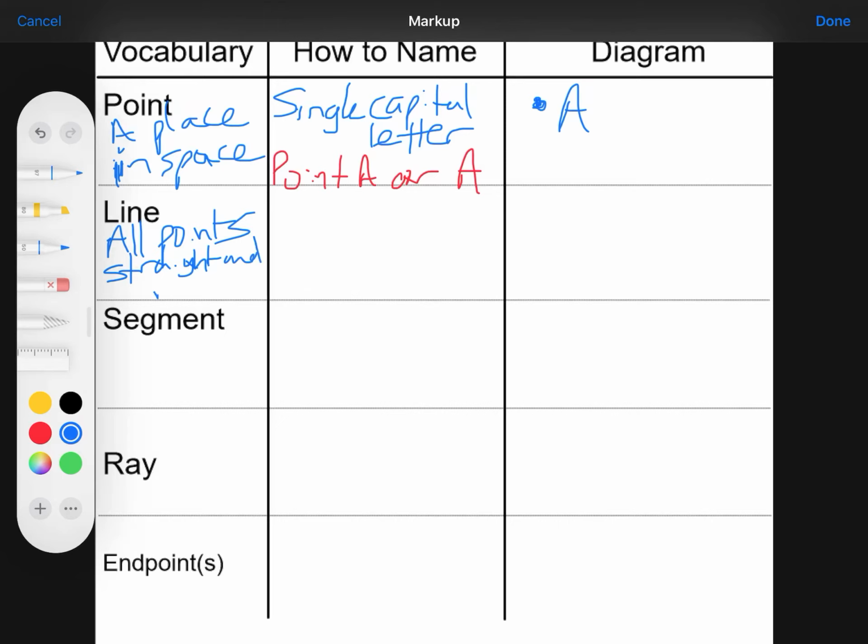So straight, and the word I'm going to use for forever is infinite. Excuse my handwriting here. I will try to fix that. All right, so not just 1 point, not just 2 points, but all the points as straight as possible.